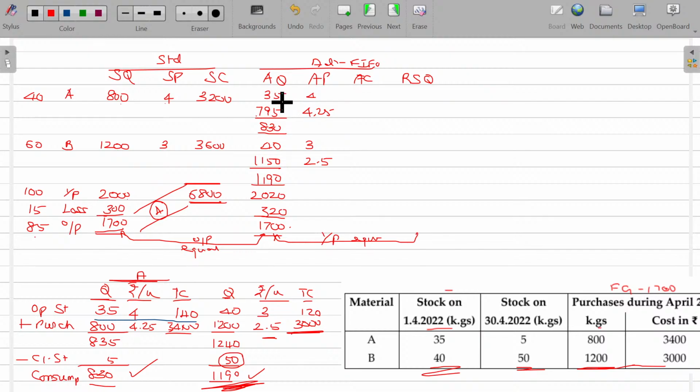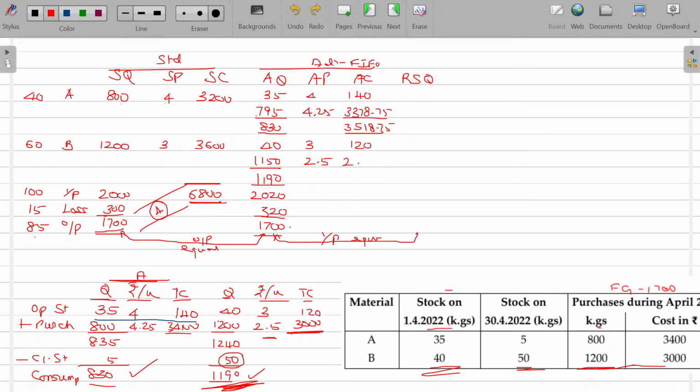Now you multiply 35 into 4, 140, 795 into 4.25, 3378.75. What is the total value then? 3518.75. And 40 into 3, 120, 1150 into 2.5, 2875.